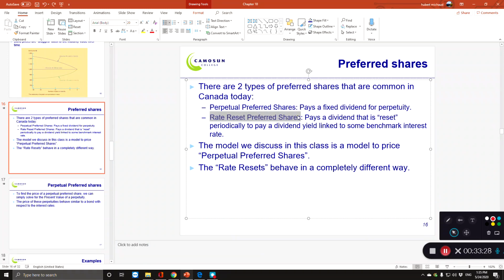So if you buy rate reset, you might be surprised, right? You're buying them thinking, oh, the interest rate is going to go down, I'm going to make a lot of money. I think the interest rate is going to go down, I'm going to buy preferred shares. And then when the interest rate goes down, the price of your preferred shares goes down, and you're really unhappy. Okay, so be careful. Verify which type you're getting if you ever want to buy preferred shares.